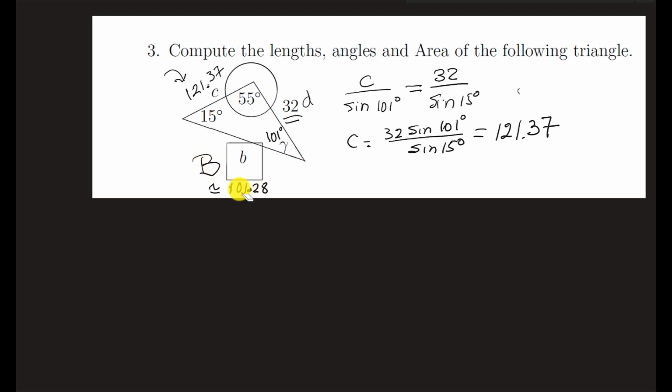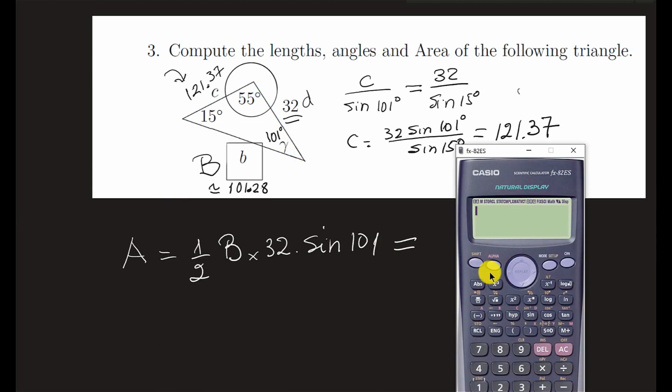I have a result better than this. Then, using the formula, the area is 1/2 of the product of two sides: this side, which I'm going to write as B, the name of my memory, times 32, which is the other side, times the sine of 101.